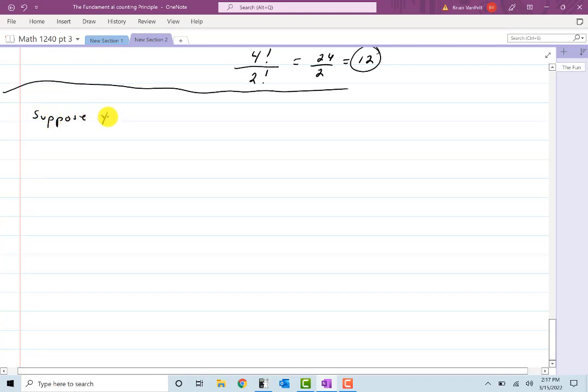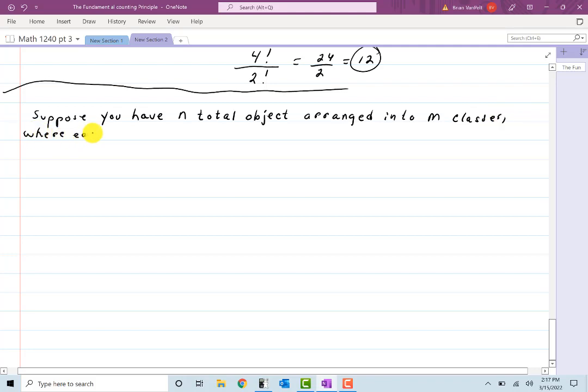Suppose you have n total objects arranged into m classes where each class has identical items.